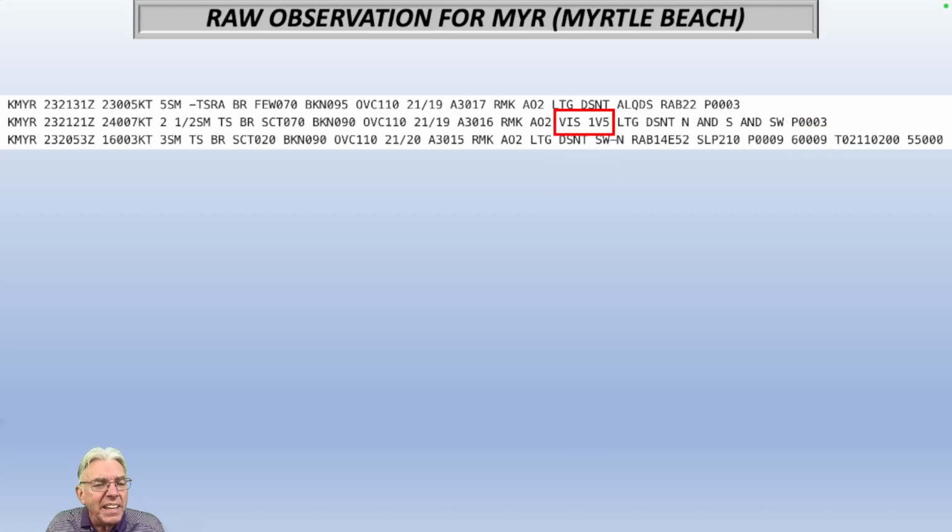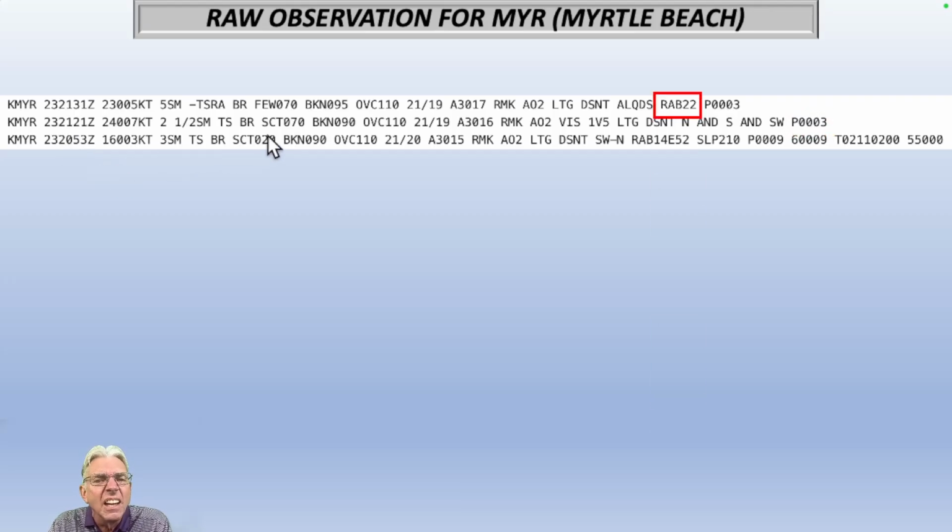Now, in the special observation, it has visibility 1V5. That means the visibility is varying between 1 mile and 5 miles. And then we're into the next hour now, okay? So the P0003 means how much rain has fallen since this time, okay?